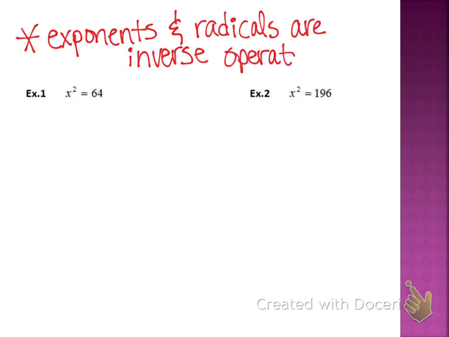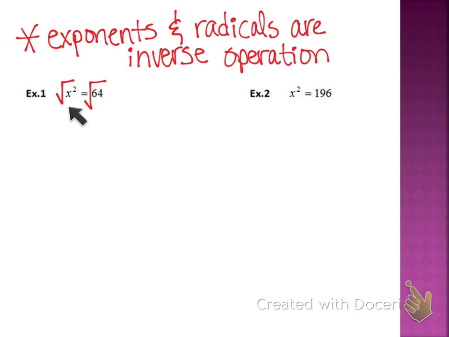So if we are going to try to undo a square, we are going to have to take a square root or use a radical. And if we do that to one side, we have to do it to the other side. Questions about that? Do it to one side, do it to the other.